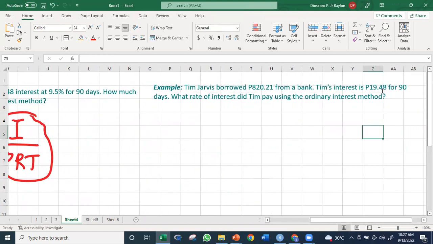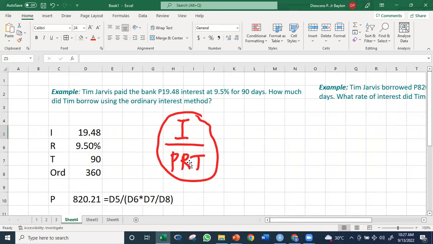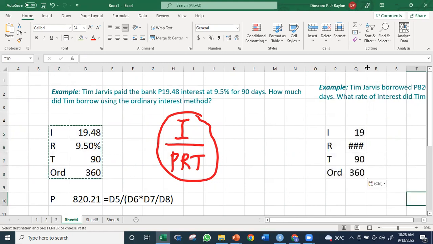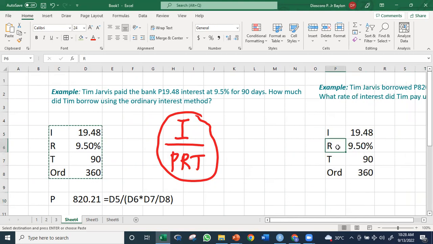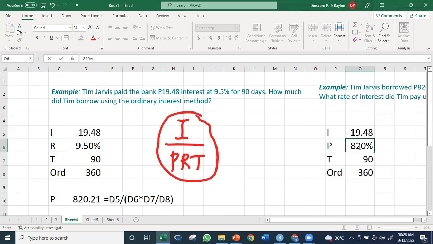You're given the interest. Okay, you're given the number of days, 90 days. What rate of interest? You're asked for R. So if we're asked for R, then the formula will be interest divided by P times T. So let's copy this. So instead of R, what we're given is the principal. And the principal is 820.21.